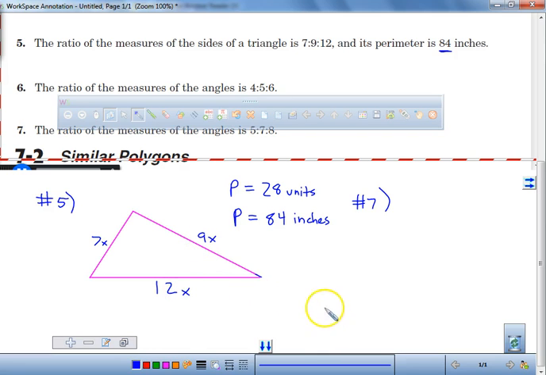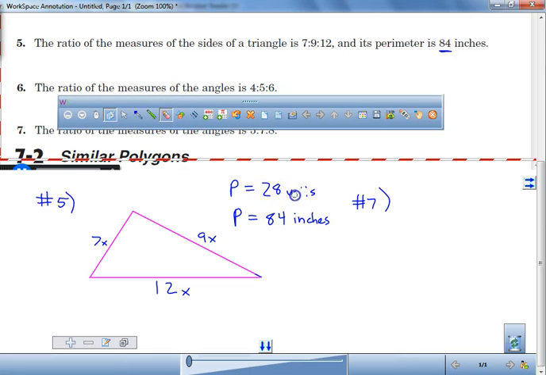Because what we're going to do is scale up this triangle so that it has a perimeter not of 28. Let's pretend this is 28 inches. We're going to go up from 28 inches all the way up to 84 inches. So let's set this together.